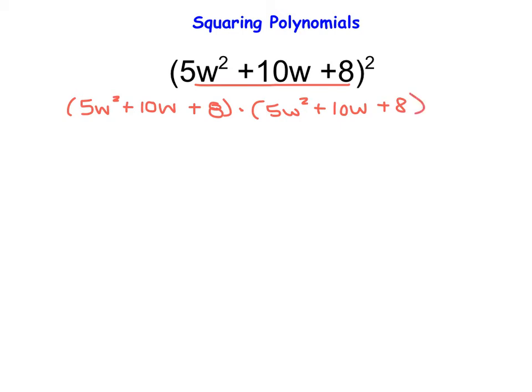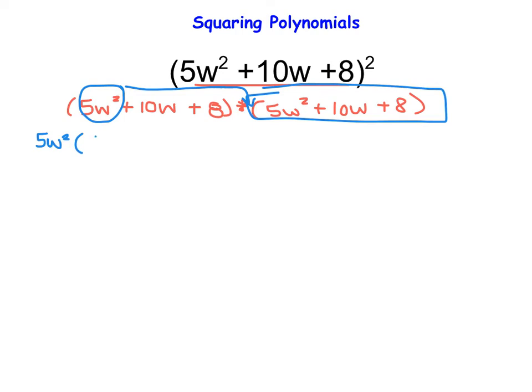And then from here we notice that this is a multiplication problem, so we can apply the rules of big distribution. So we're going to take each term in the first parenthesis and multiply it by the terms in the second. I'm going to start by writing 5w squared from the first parenthesis times this entire second parenthesis, so we have 5w squared plus 10w plus 8.